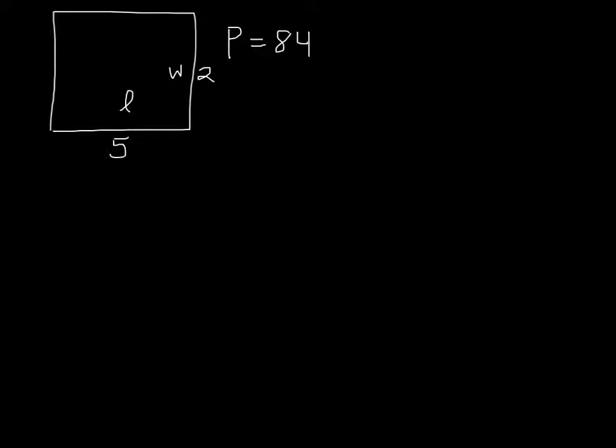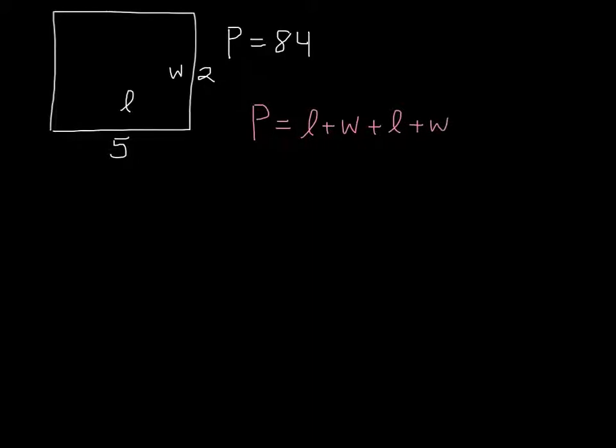Okay, so once again the perimeter of this rectangle can be modeled by the equation P is equal to the length plus the width plus the length plus the width.